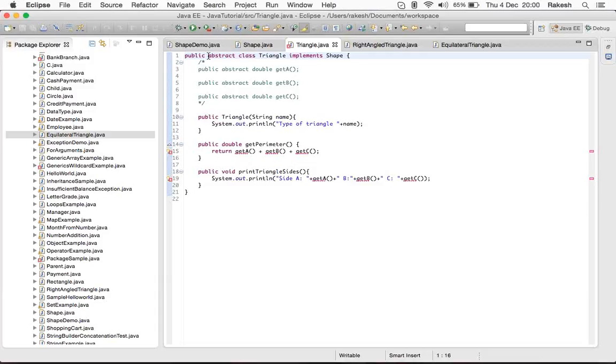In this case, triangle is saying, hey, I don't know how to calculate the area. But the interface shape is forcing me to implement the getArea method. Since I don't know, I will mark myself as abstract. So in Java, anything that is not complete can be marked as abstract, whether it is a class or an interface by default.